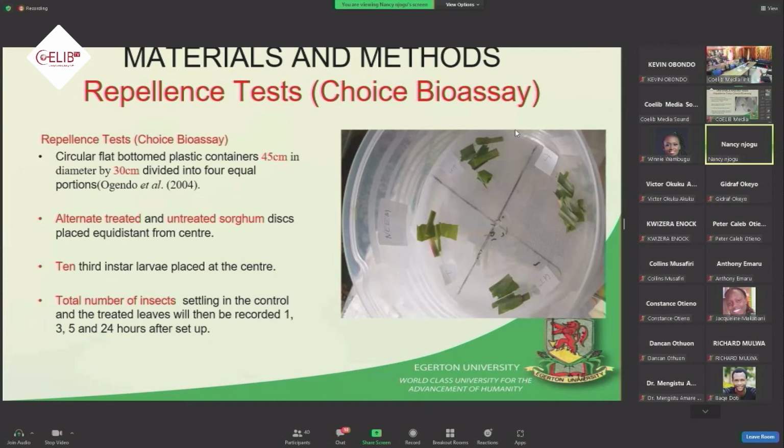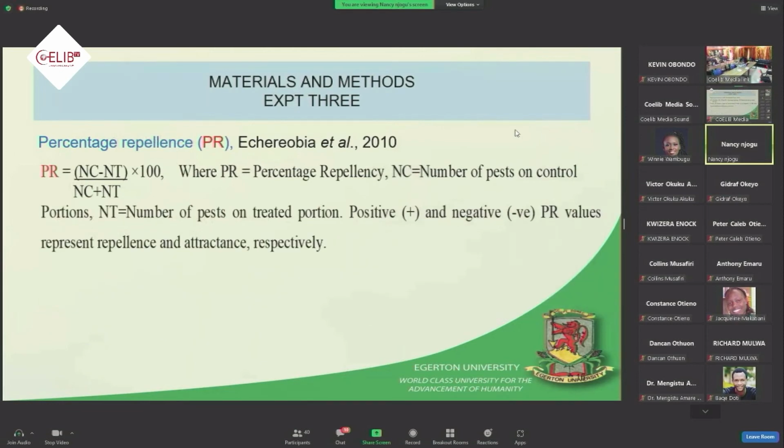I used 10 larvae of the instar which is normally active. The total number of insects settling on the control and the treated leaves was recorded after the first, third, fifth, and 24th hours after the setup. And that is the formula for the percentage repellency.